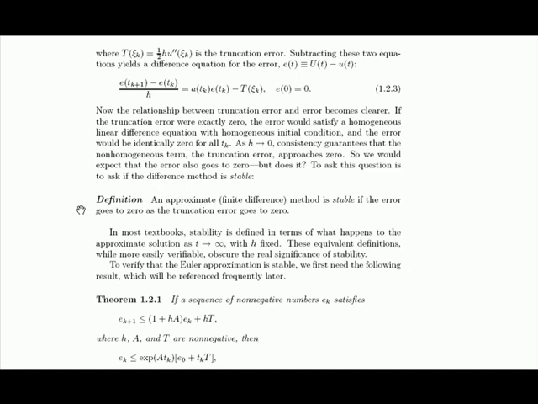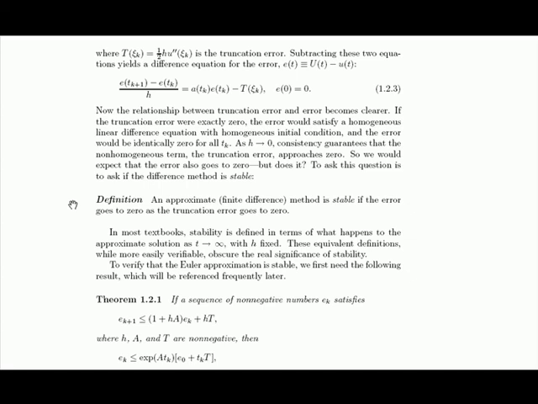Well, we're going to define stability as follows. An approximate finite difference method is stable if the error goes to 0 as the truncation error goes to 0. Well, by this definition, trivially, it's clear that if a method is consistent and stable, it converges, because consistency means that the truncation error goes to 0 as h goes to 0, and stability means that the error goes to 0 as the truncation error goes to 0.